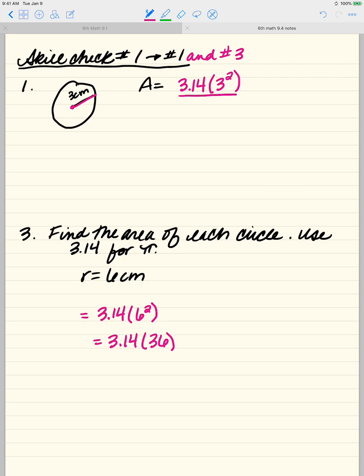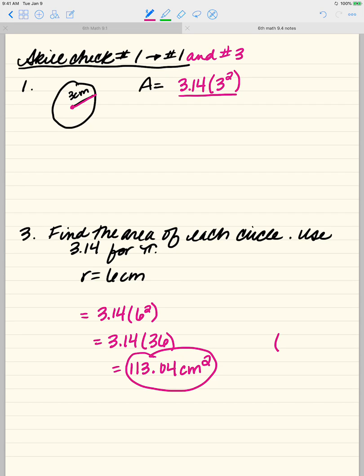When you plug 3.14 times 36 into your calculator, you get 113.04, and our units are centimeters, so it's centimeters squared. The area is 113.04 centimeters squared.